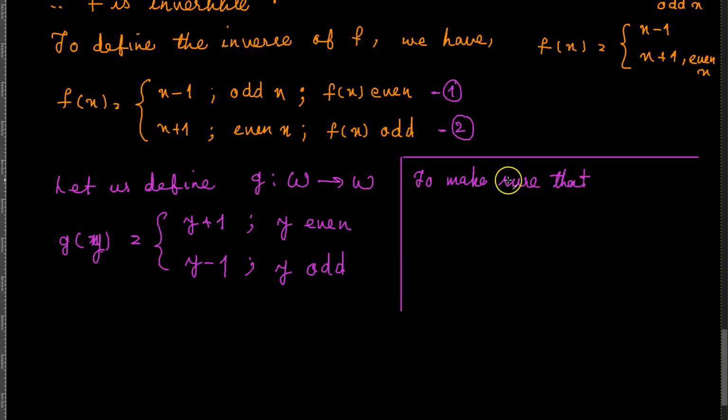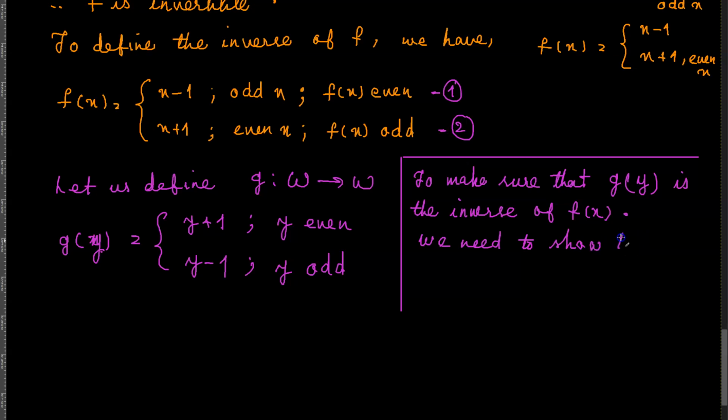Now we want to make sure that g of y is the inverse of f of x. In order to do that, we need to show that, since g is supposed to be the inverse of f, g∘f is supposed to be the identity function on the domain of f.